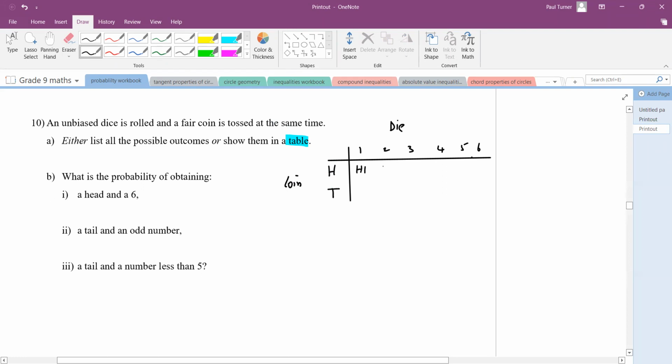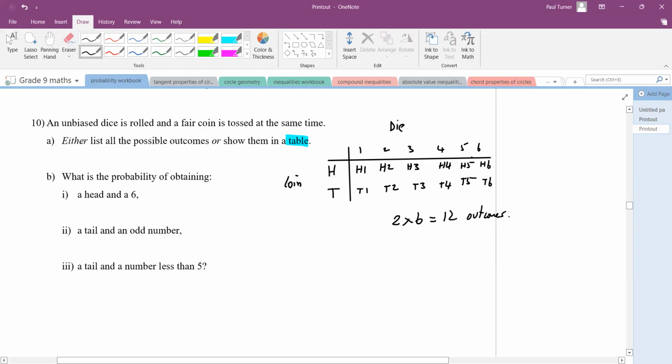So head 1, you could get a head 2, a head 3, a head 4, head 5, and then a head 6. You could get a tail 1, tail 2, tail 3, tail 4, tail 5, tail 6. So here you have 2 by 6, which gives you 12 outcomes in total.